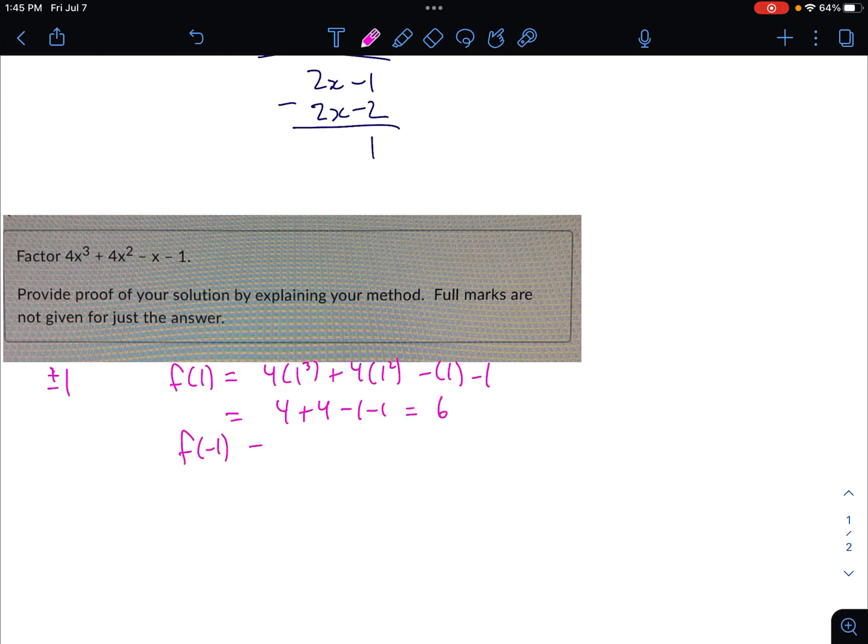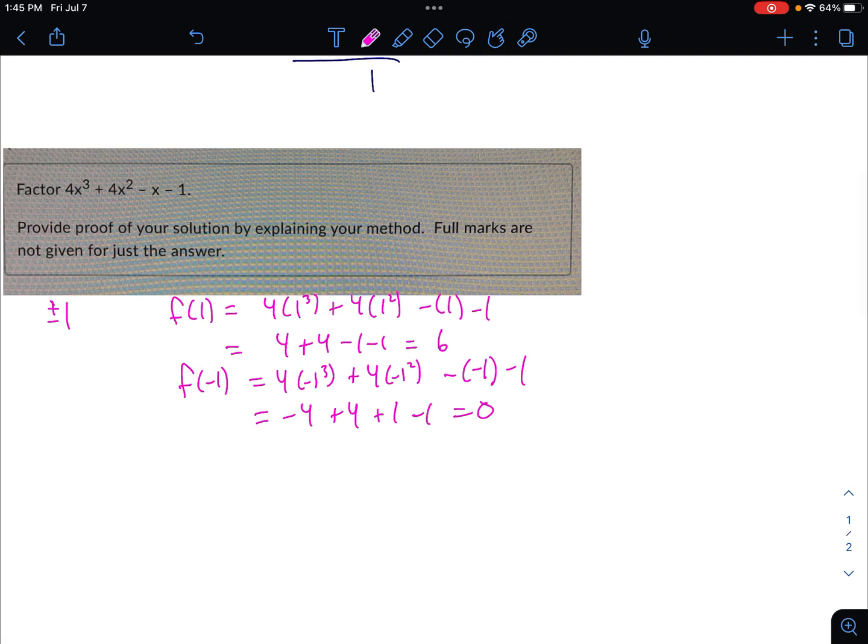So that doesn't work. When we have negative 1 here, you have 4 times negative 1 cubed plus 4 times negative 1 squared minus 1 minus 1. So this becomes negative 4 plus 4 plus 1 minus 1, which gets us our 0. So that's one of our answers.